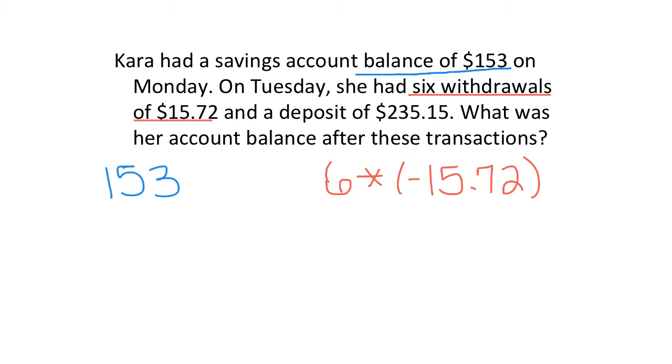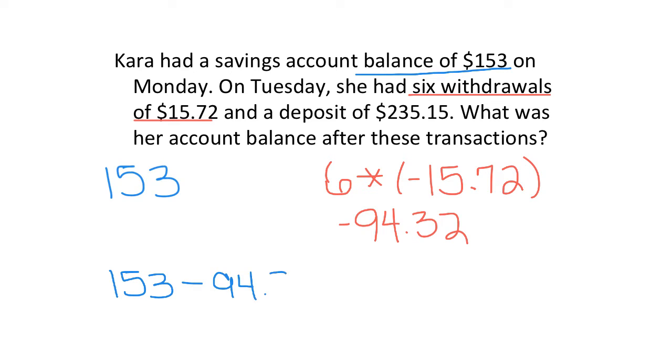When we multiply that, we find out that she had a total withdrawal of negative $94.32. We can immediately take the 153 and subtract that $94.32 and find out that she now has a balance of $58.68.